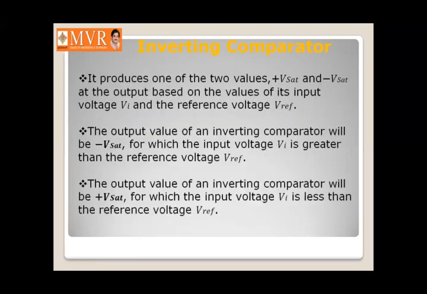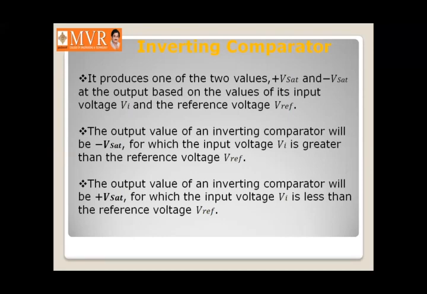In this slide you can see that the output value is going to fluctuate between the two voltage levels, plus Vsat and minus Vsat. This is based on whenever the input crosses the reference voltage. Whenever the input crosses the reference voltage, the output changes its state from plus Vsat to minus Vsat and vice versa.